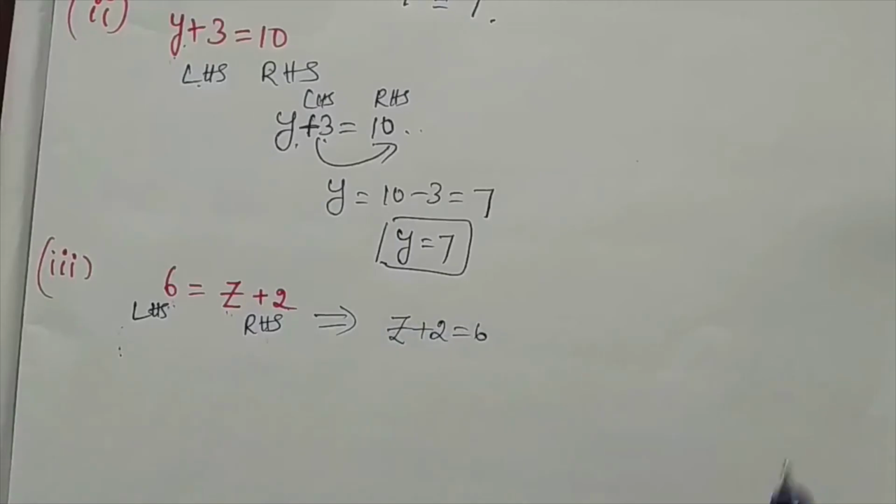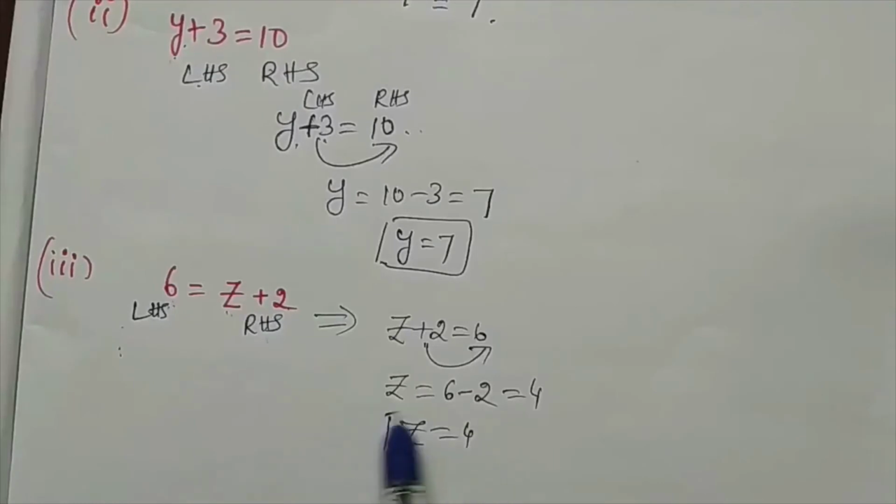Both are the same. Okay. Now let's transpose this 2 to RHS. Then z is equal to 6 minus 2. Here 2 is plus and it will become minus 2 here. And 6 minus 2 is 4. The value of z is 4.